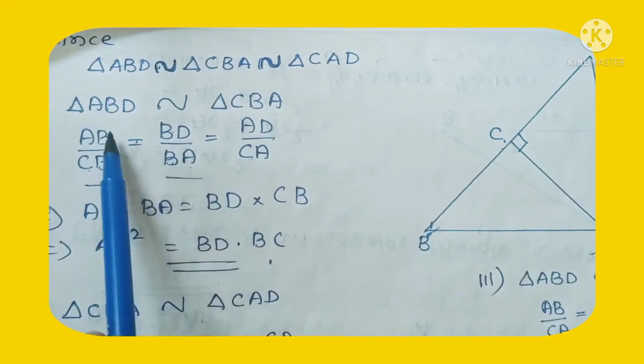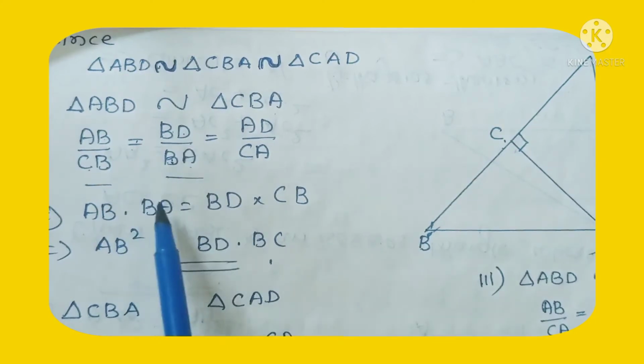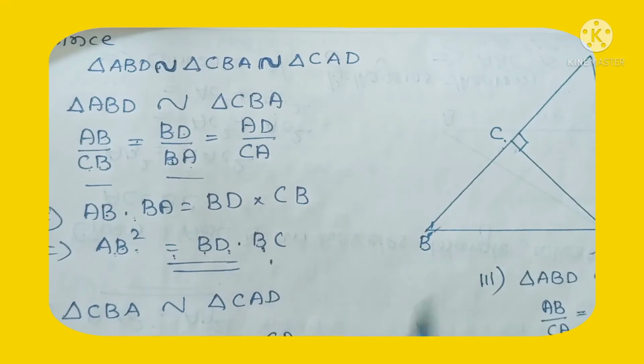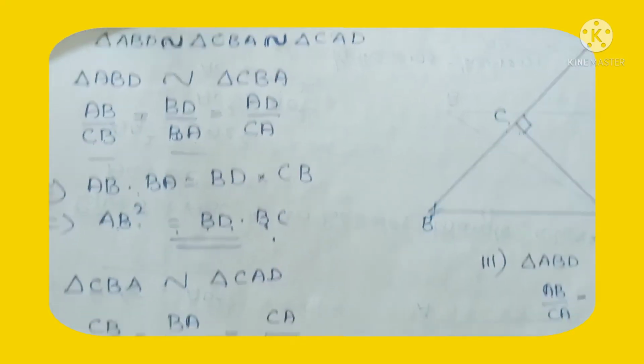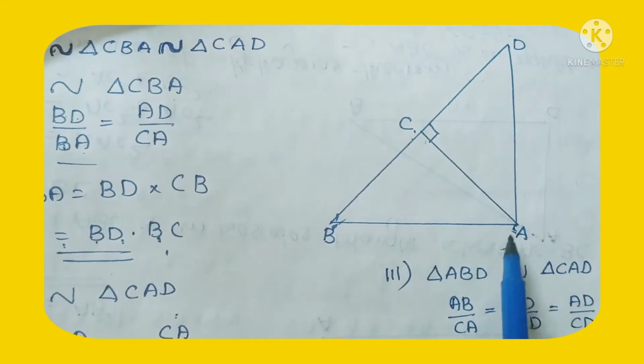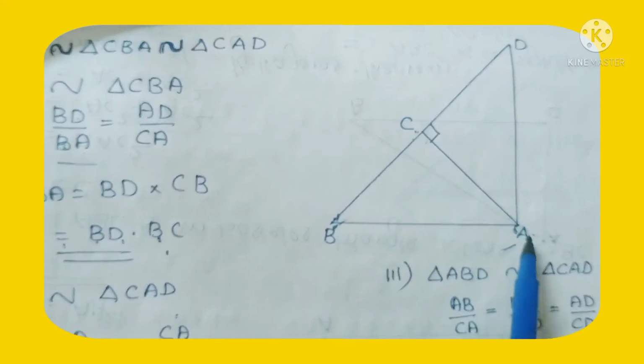Then we want to cross multiply: AB into BA equal to CB into BD. Since BA and AB are same, AB square is equal to BD into BC. So first part proved.